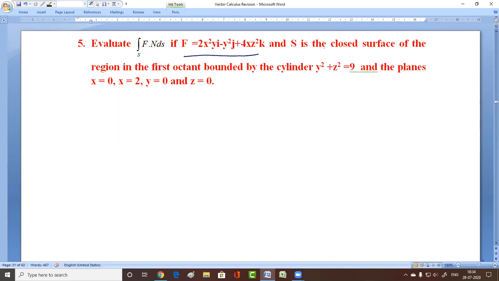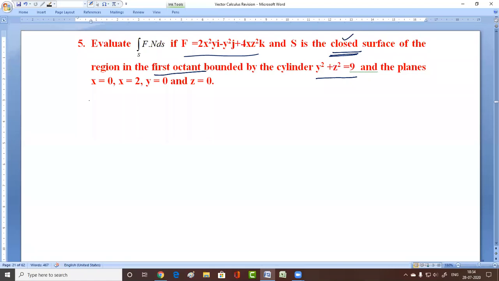What is the surface? S is the closed surface. Now underline this point: closed surface. The previous surface was not closed, but this is the closed surface of the region in the first octant, same first octant, bounded by the cylinder y square plus z square equals 9, and the planes.